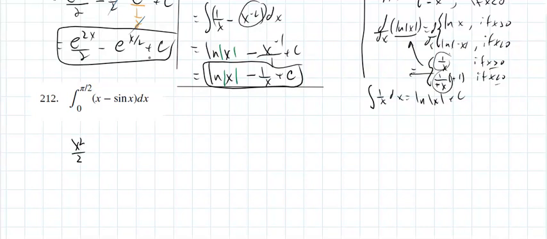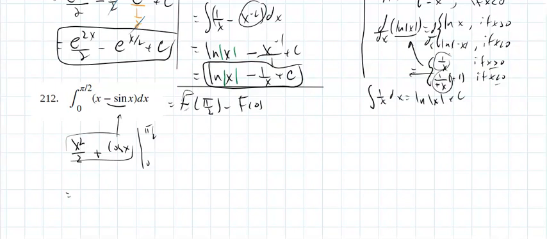What do you take a derivative of to get negative sine? That's positive cosine of x, since the derivative of cosine is negative sine. Evaluate it from 0 to pi over 2. Or you could say that's F of pi over 2 minus F of 0 by the fundamental theorem of calculus, where capital F is what I just found.